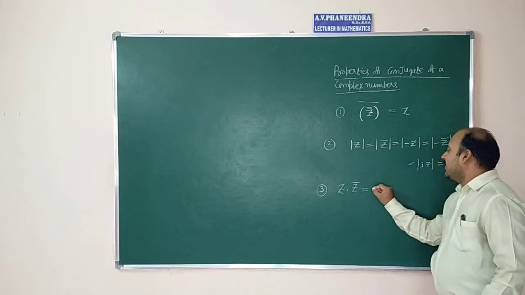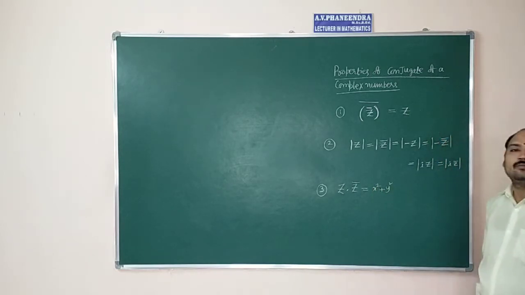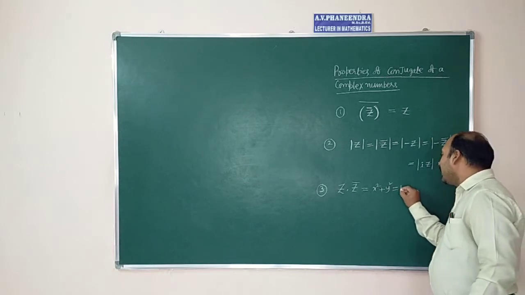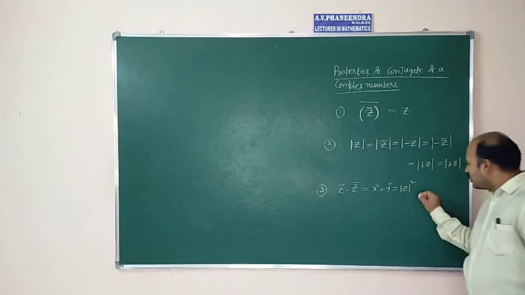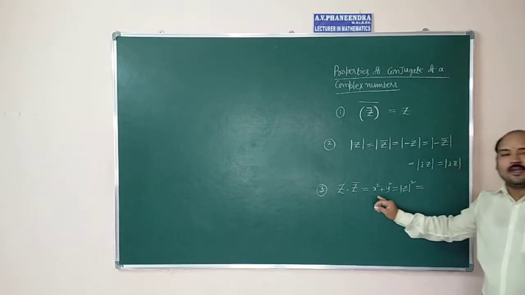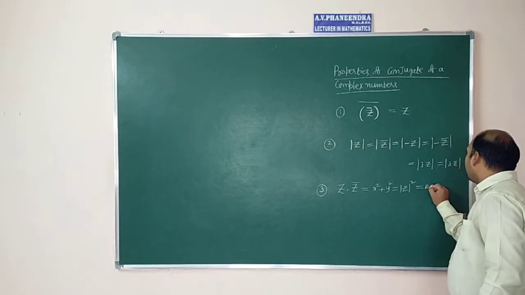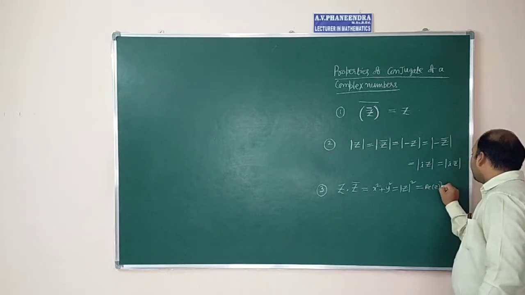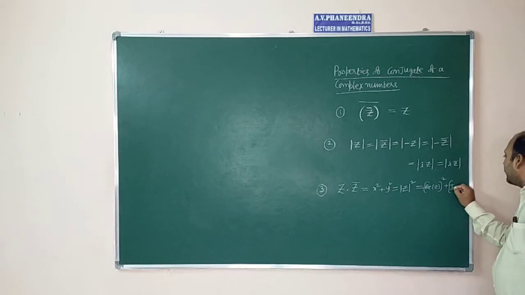So it will become x square plus y square, which can also be written as mod z whole square, and also can be written as x square, x means real part of z, so real part of z whole square plus imaginary part of z whole square.